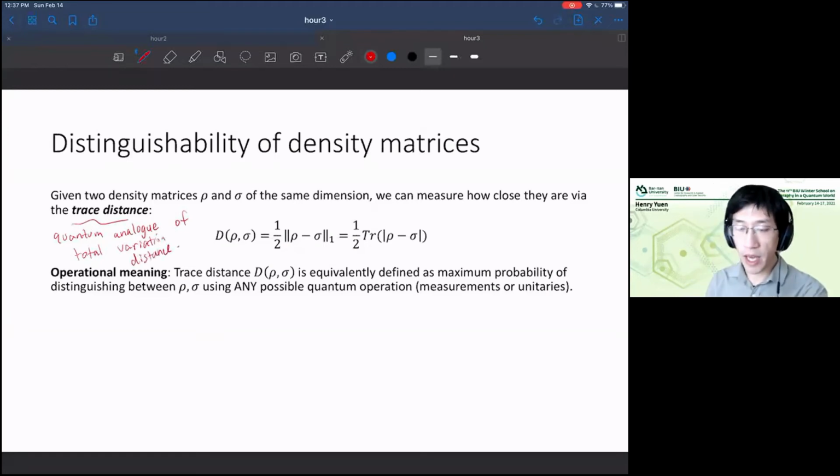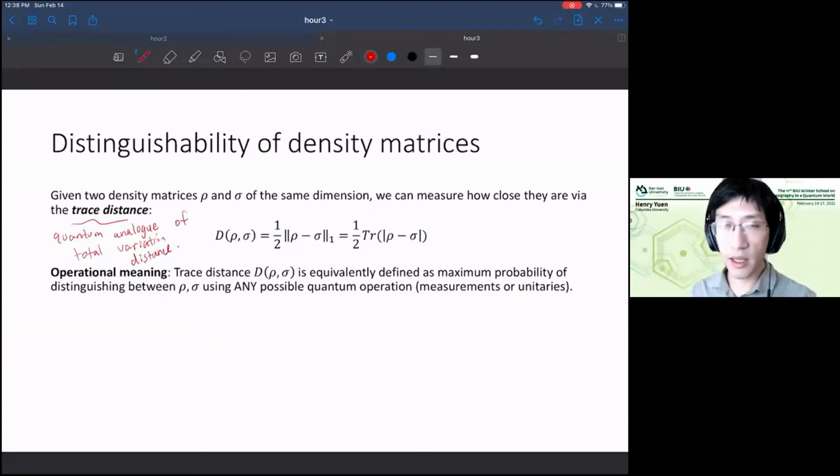There's a technical definition of this trace distance, which, if you're familiar with these things, is the trace norm of the difference between these two matrices. So you take rho minus sigma, you get a matrix, you take the trace norm of it, and multiply by 1/2.